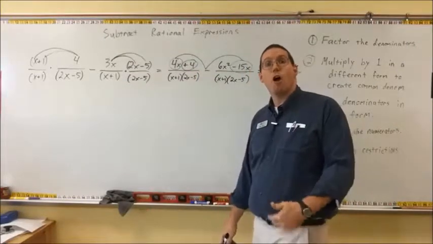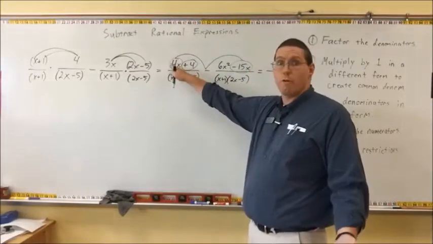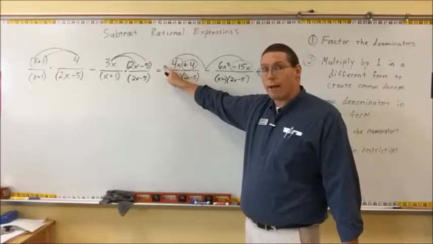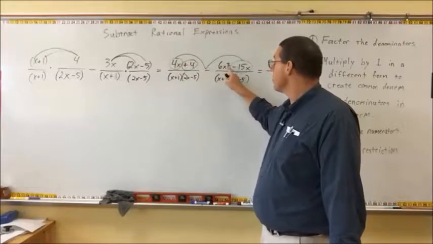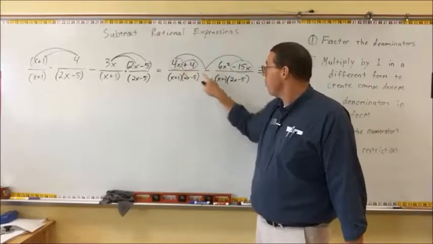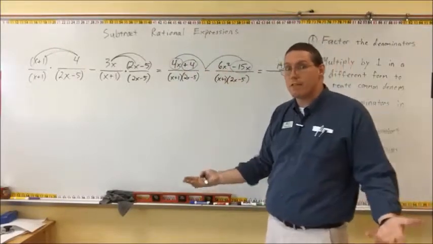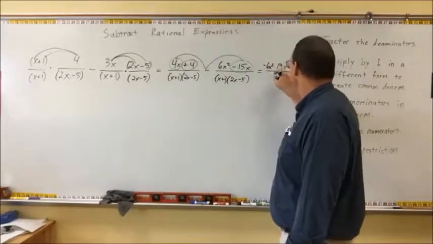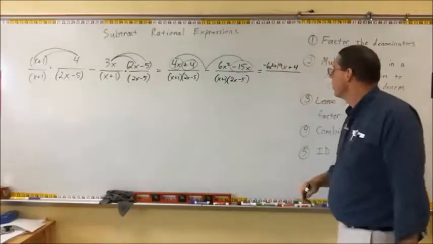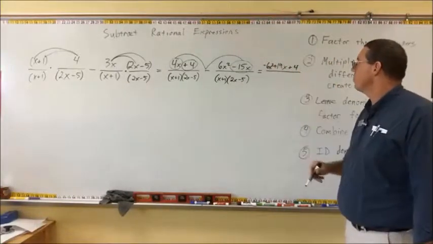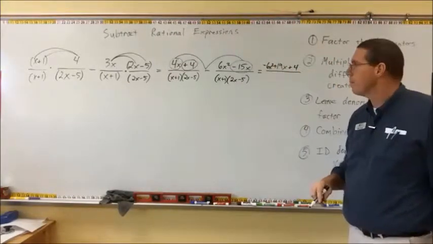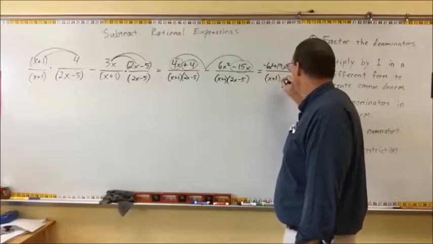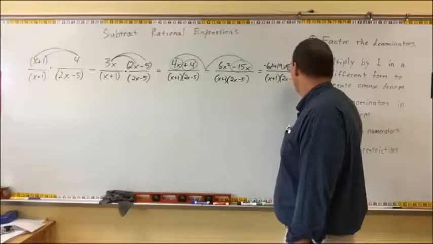In fact, there are 0 x squares over here, so 0x squared minus 6x squared, that's 0 minus 6, that's negative 6x squared. This is a positive 19x. And so now I have negative 6x squared plus 19x plus 4. Carry over the common denominator, x plus 1 times 2x minus 5.